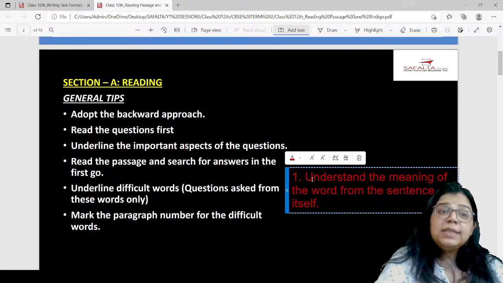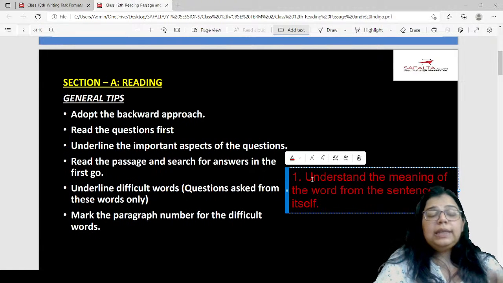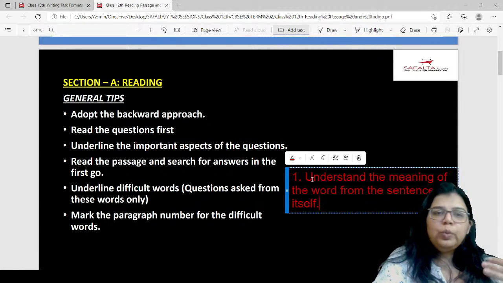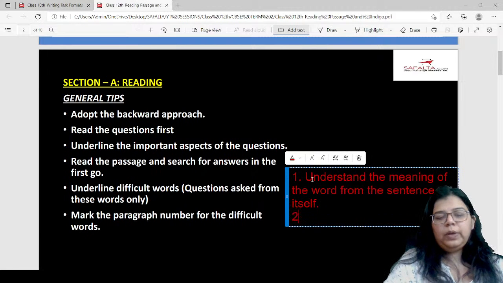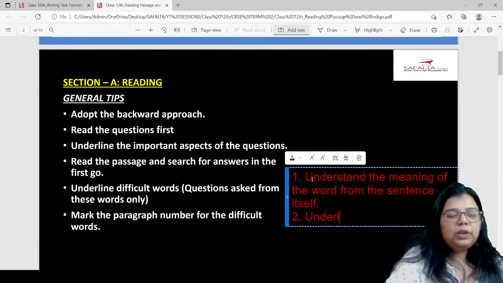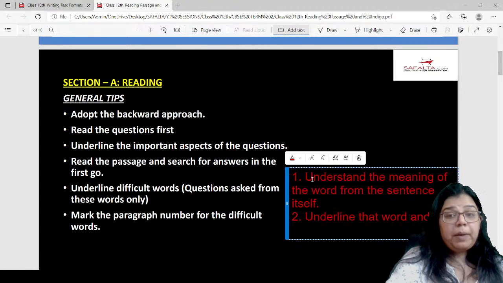So it is not necessary that you know the dictionary meaning. Even if you can find out the meaning of the word from the sentence, you're good to go. You will get marks, right? And if I don't understand that, I make it a point to underline that particular word and the paragraph.